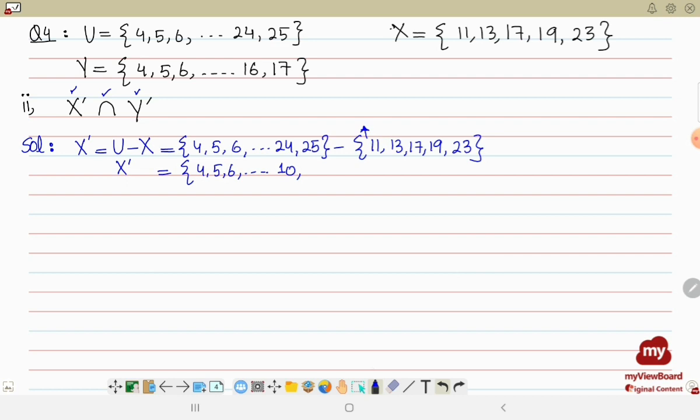उसके बाद कौन सा वाला कैंसिल हो गया, देखिए यहाँ पे 11 वाला एलिमेंट कैंसिल हो गया, 13, 17, 19, 23 ये सारे एलिमेंट्स कैंसिल हो गए.